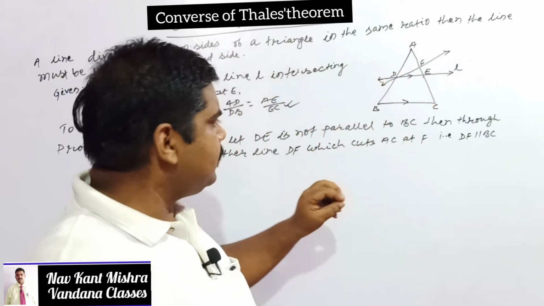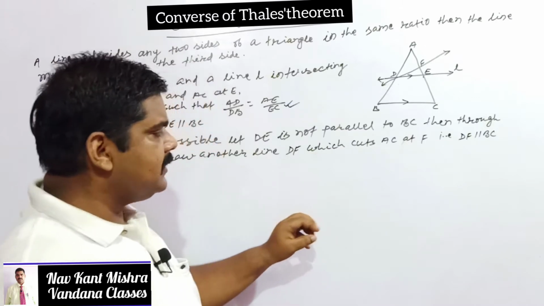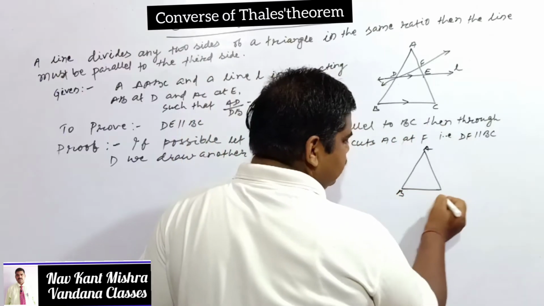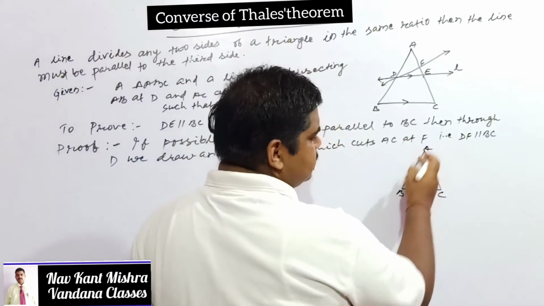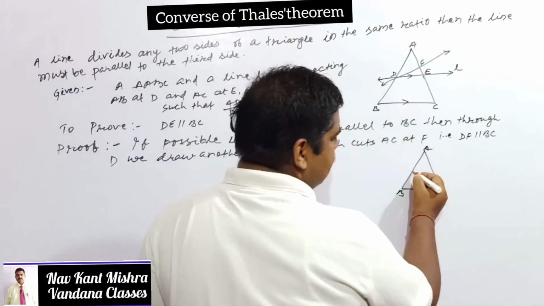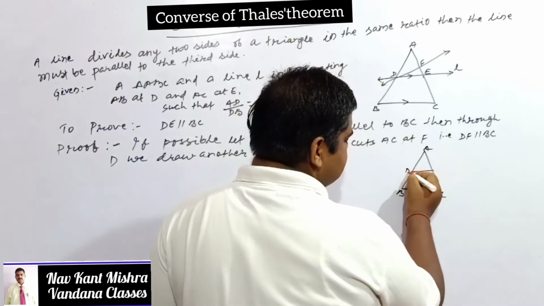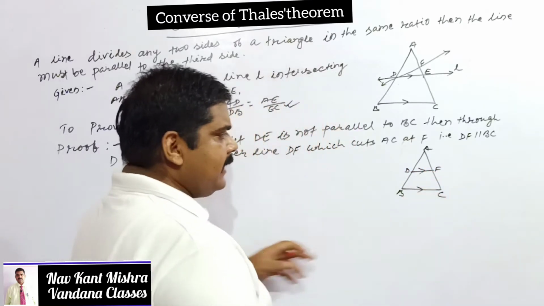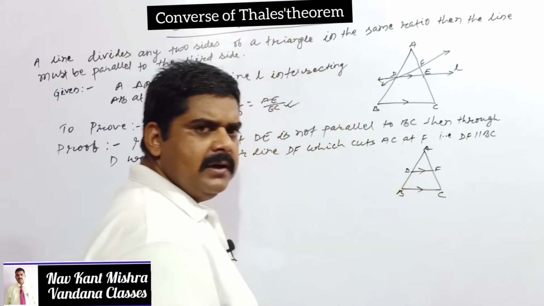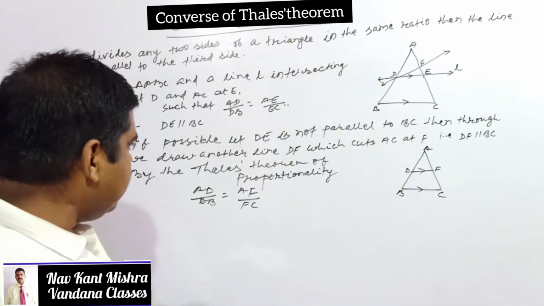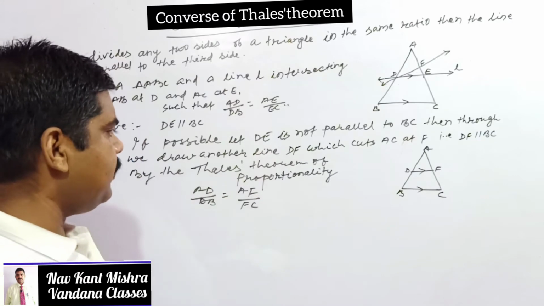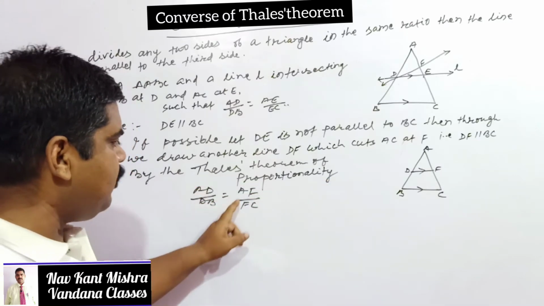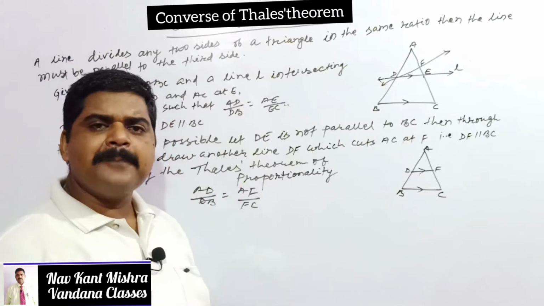Because there is a triangle given and we have considered that DF is parallel to BC, then by the Thales theorem of proportionality, you can write down AD upon DB is equal to AF upon FC.